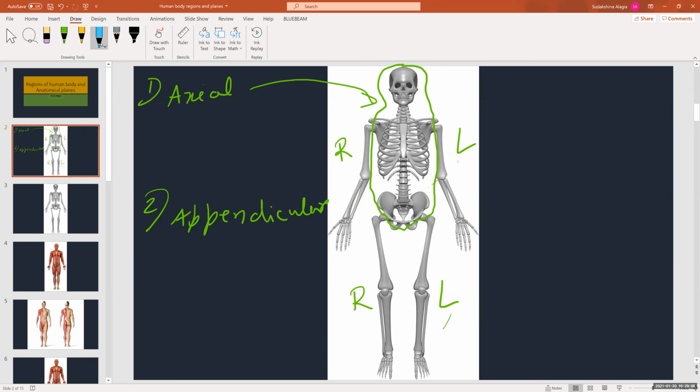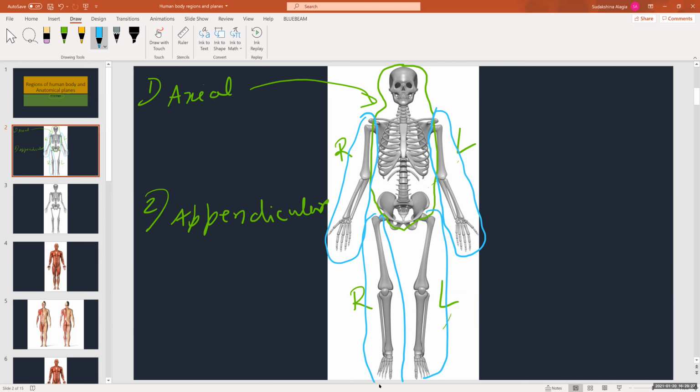Appendicular, appendages meaning limbs. Appendicular means the right upper appendage or limb, left upper limb, also known as extremities, right lower extremity, left lower extremity, and the junction between the trunk and the extremities.